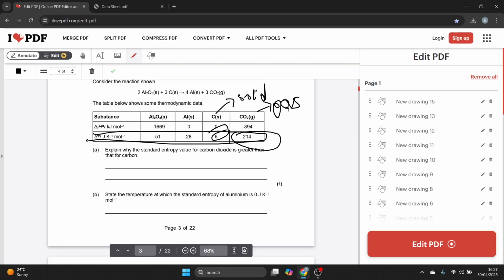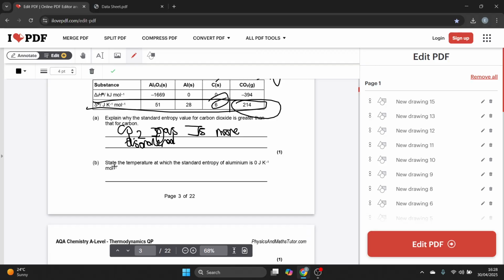And entropy measures the number of ways that particles can be arranged and the number of ways energy can be shared out between those particles. If it's a gas, I just need to state carbon dioxide gas is more disordered. More disordered. And that's the key term, disordered.